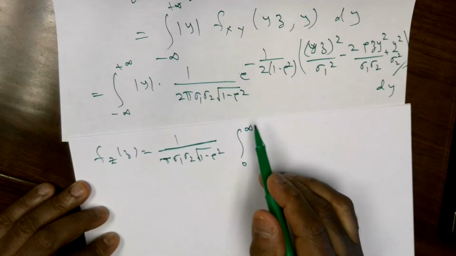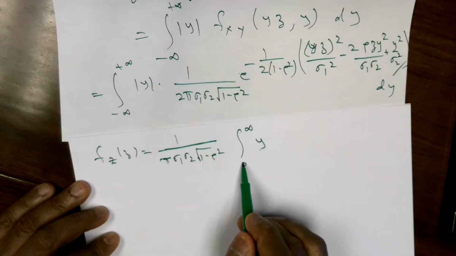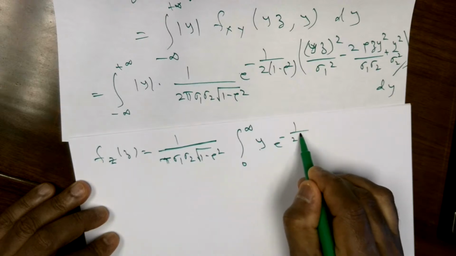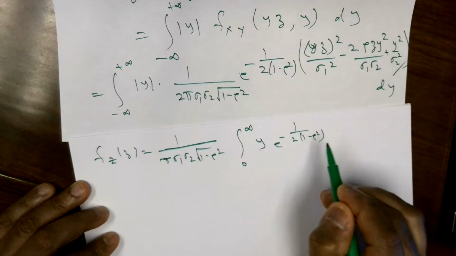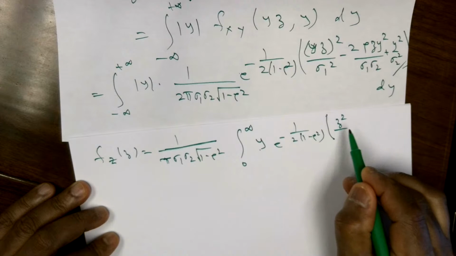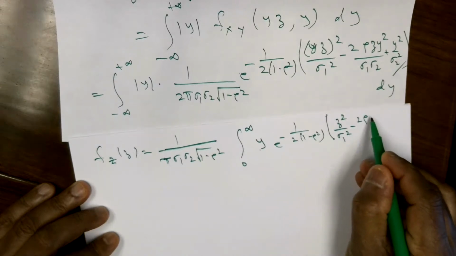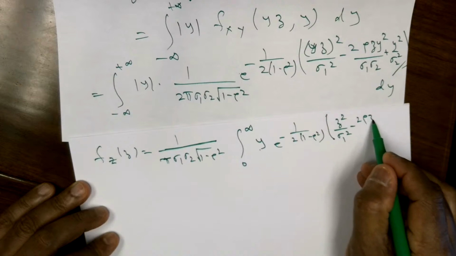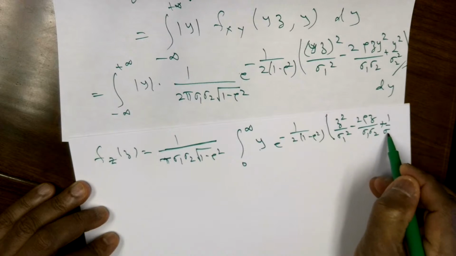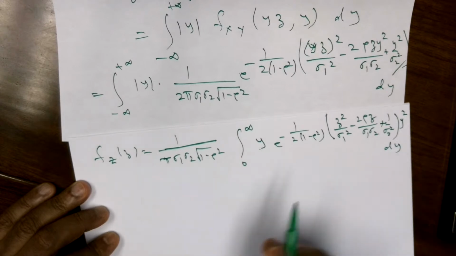Now I have y, no need for absolute value, because this region is positive. And this becomes e raised to minus 1 over 2 times 1 minus rho squared, and then we have a constant involving z squared over sigma 1 squared minus 2 rho z over sigma 1 sigma 2 plus 1 over sigma 2 squared, times y squared dy.